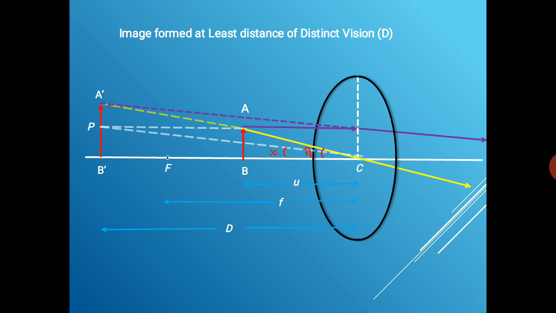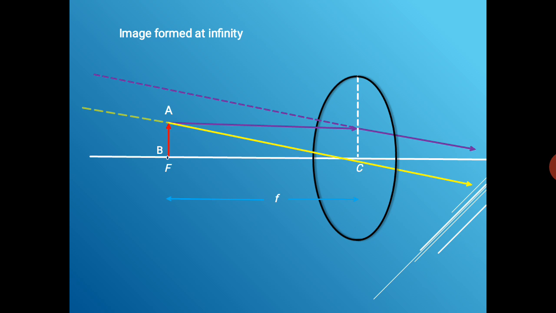But the image can also form at infinity. That is another case where the image is formed at infinity. The difference is that the object AB is placed at the focus of the lens. So here in this diagram you see AB is placed at the focus and the incident ray parallel to principal axis bends, which we extend in the backward direction.